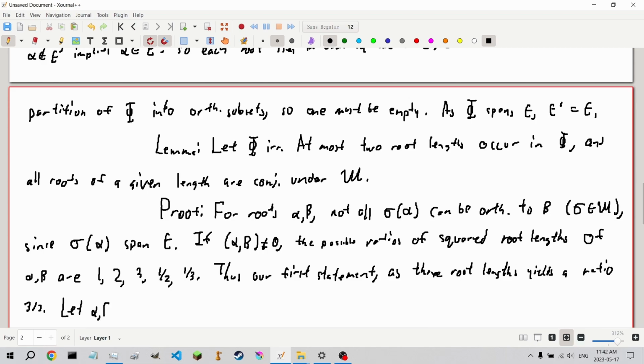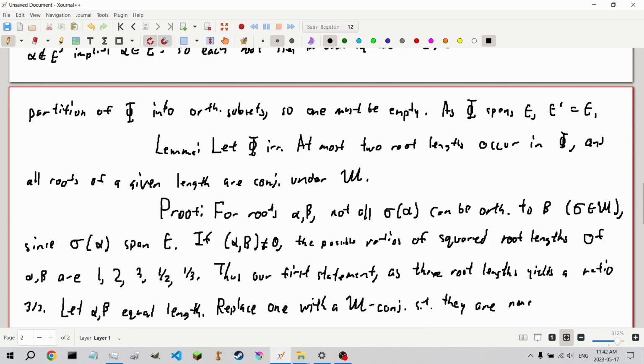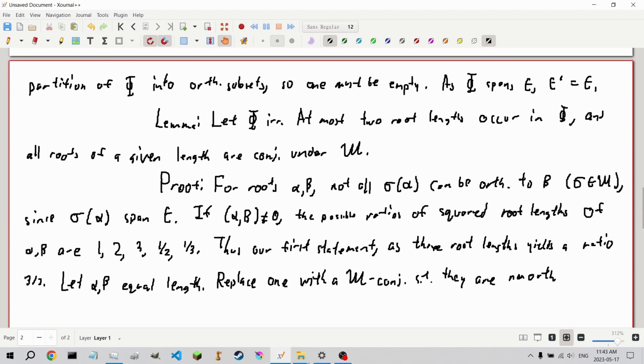Now let alpha and beta be of equal length. You want to show they are conjugate. Replace one with a Weyl conjugate such that they are non-orthogonal and distinct, obviously.